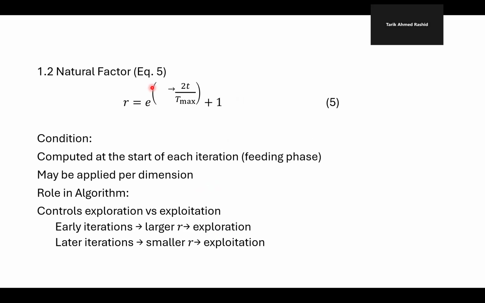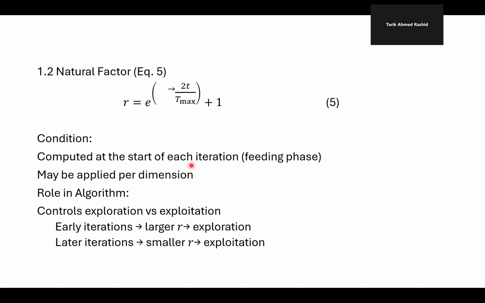Equation 5 is the environmental influence factor R, which can be determined by this equation using Tmax, the current iteration and the total iteration.